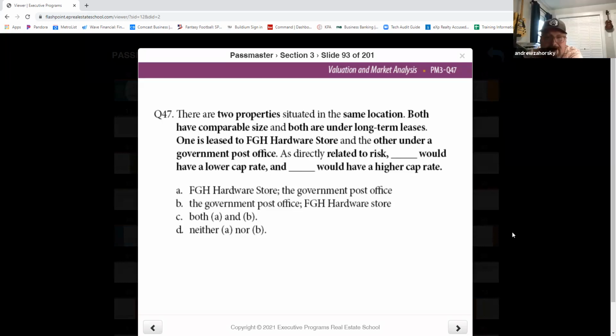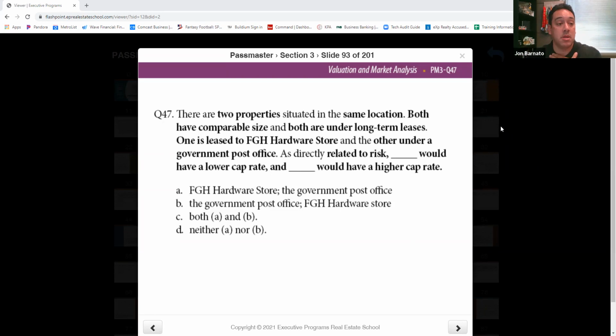Yep. So now we're looking at this question as it relates to risk. This is understanding how the income and capitalization approach happens when you do an appraisal. In this case, I'm an investor. What kind of return will I want to see? Or say I'm a seller of these properties.